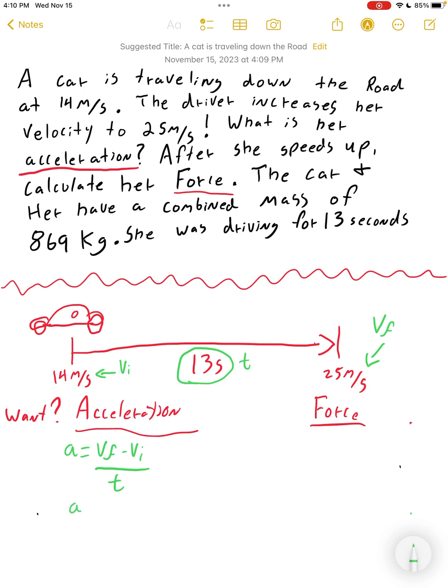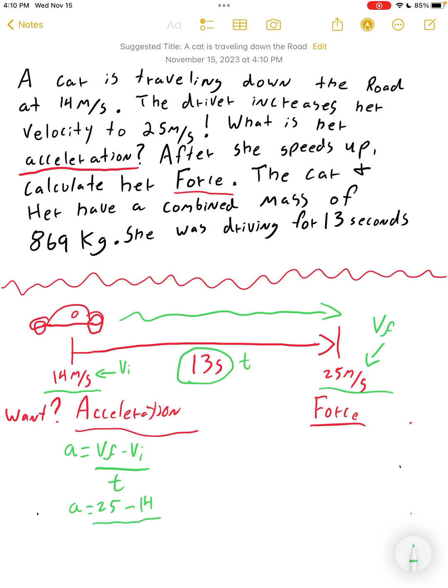We're going to write the formula with what we know. Final velocity was 25 meters per second. And then we subtract our initial velocity, what we started with. She started at 14 meters per second. If you're starting from rest, or not moving, then it's just going to be 0 meters per second for that initial velocity. But she was already moving when she decided to go super fast, apparently.